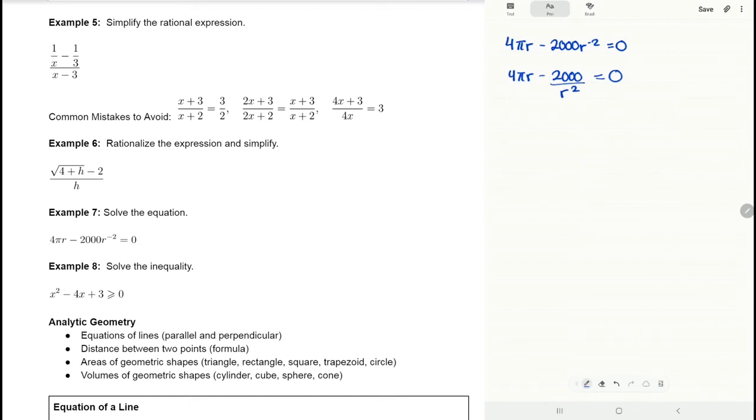And now let's make a common denominator between the two fractions. So what is the lowest common denominator? It is r squared. So we want to multiply the first term by r squared over r squared.